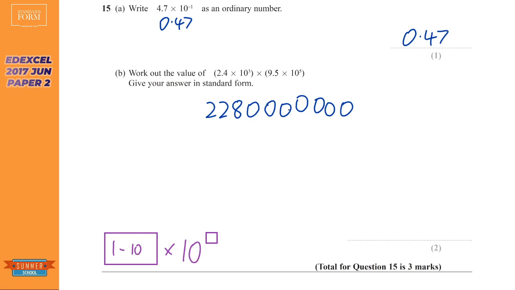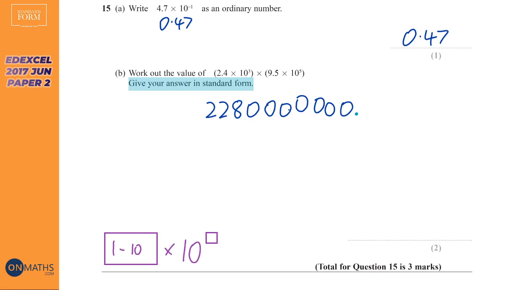Now it says give our answer in standard form, so we need that in standard form. To do that, there's just a number of steps. The first step is to figure out where the decimal point is. Sometimes it's given with the number you want to convert. This time it's not. It's always at the end if it's not shown.